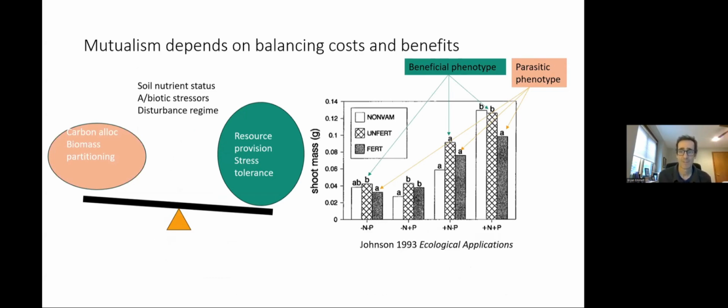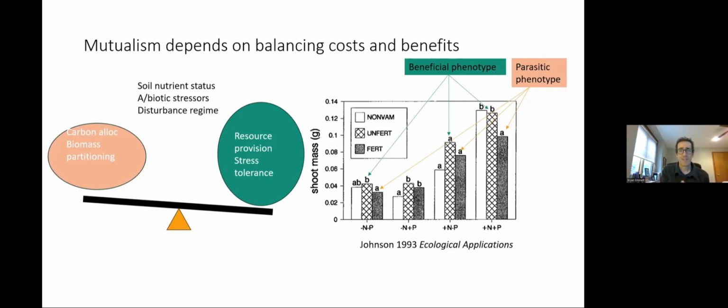So in a simple sense, the degree to which plants are benefiting from AMF depends on ecosystem factors such as the nutrient status of the soil, abiotic stressors, disturbance regimes, all these factors that change the balance between the resources that the fungus is providing, or the stress tolerance that the fungus is providing, and the carbon that is allocated to the fungus, which is a cost for the plant.